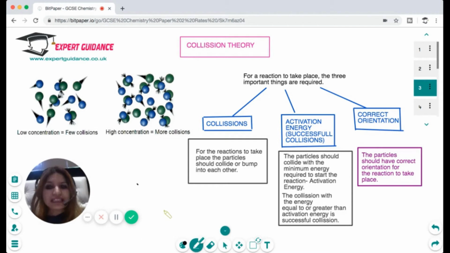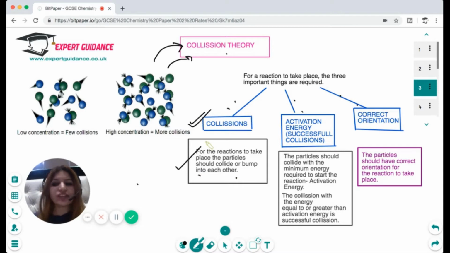The factors that affect rate of reaction can be explained with the help of collision theory. Remember, it's very important because for any factor that is affecting rate of reaction, you need to answer about the collision theory in the exam. Collision theory has three parts. It says that for a reaction to take place, we require collision, and the particles should collide for the reaction to take place.